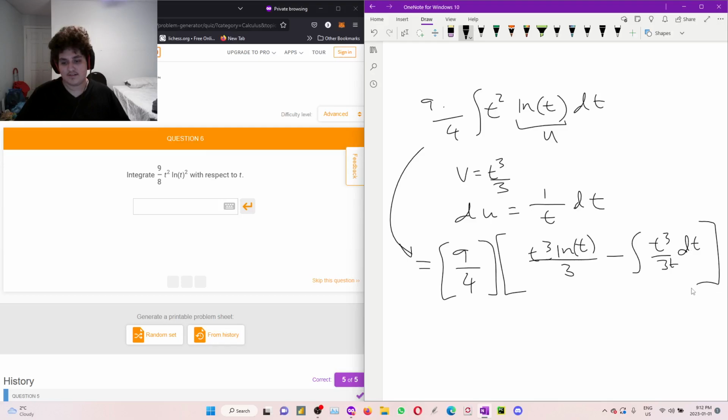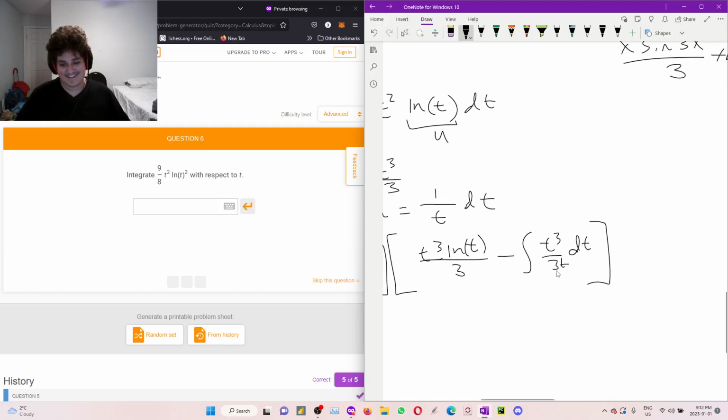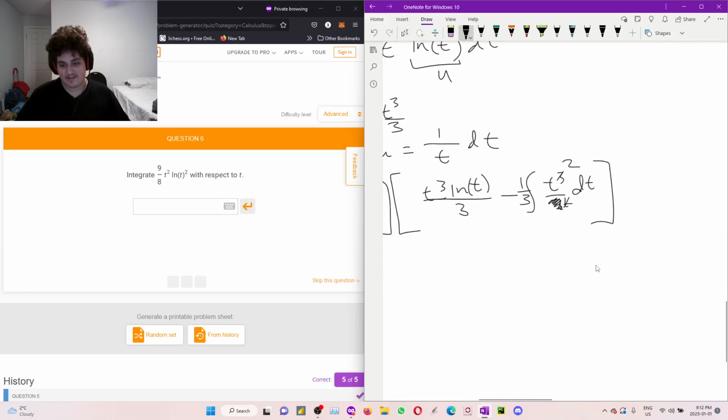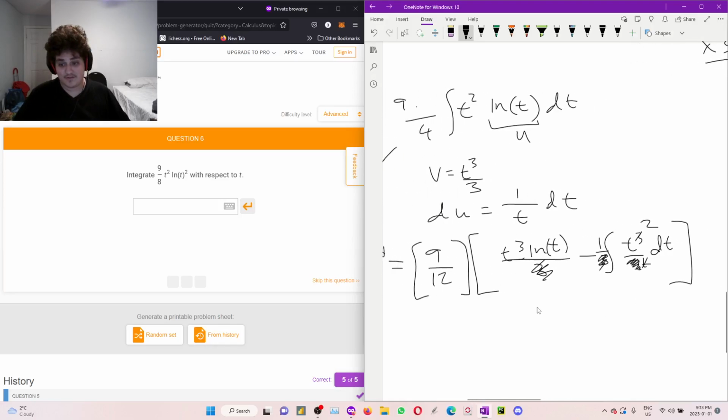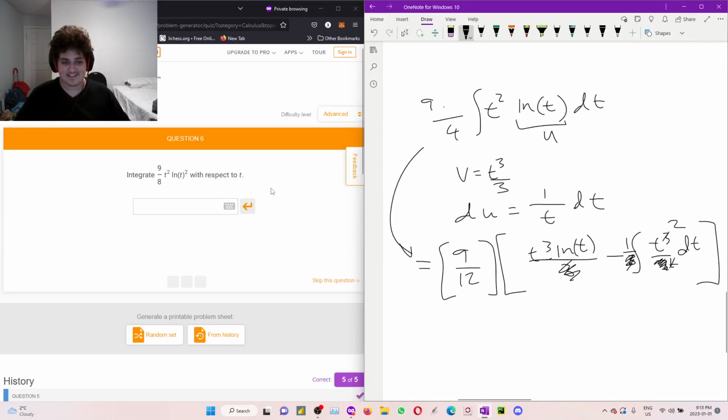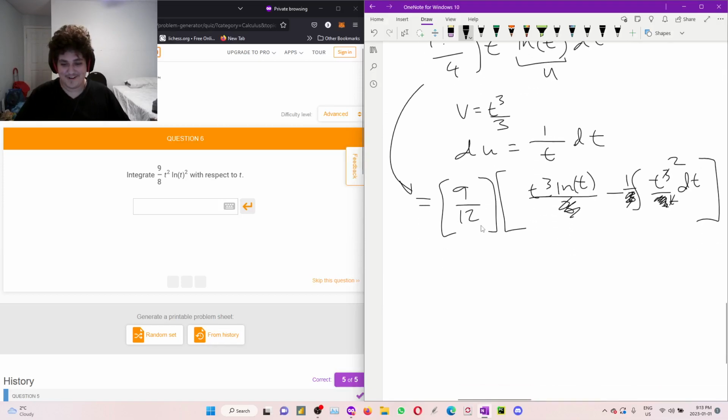I don't know why this is advanced. This looks really easy to me. You just take the 1 over 3 out, make this squared, and we're basically finished. I'm kind of confused why this is advanced, but whatever.